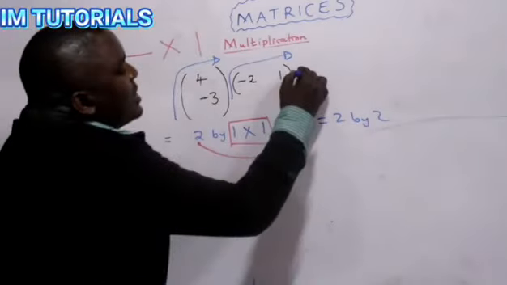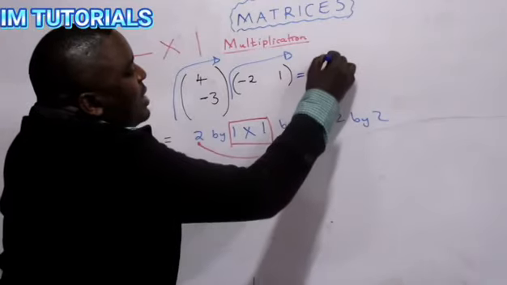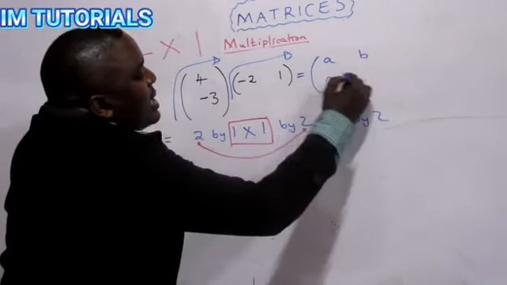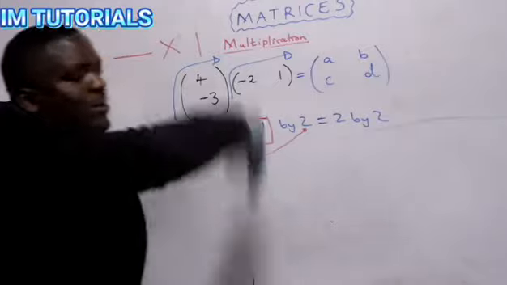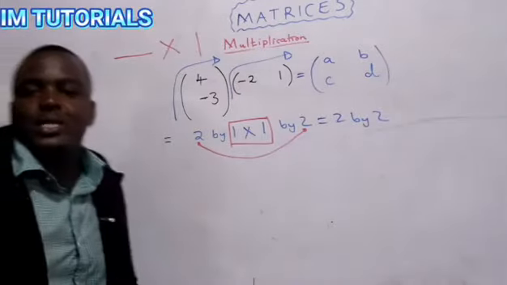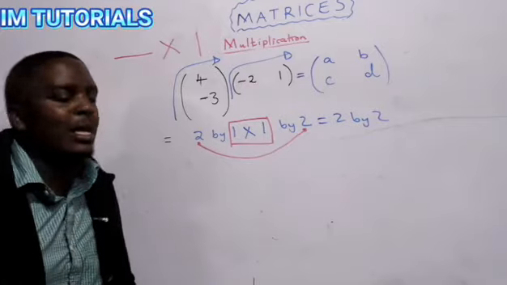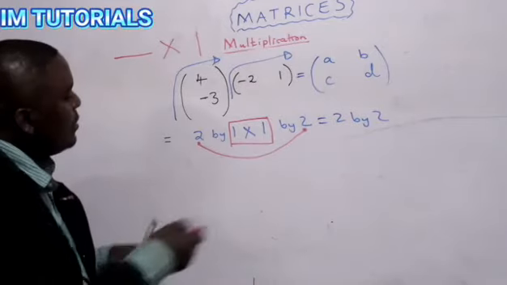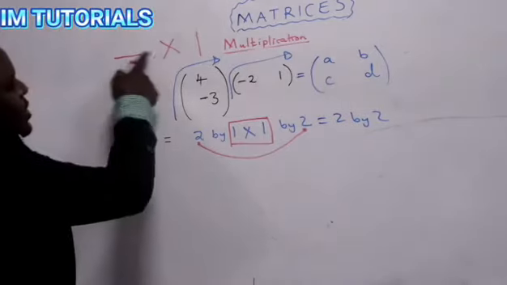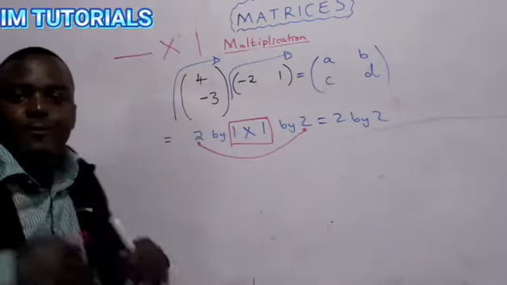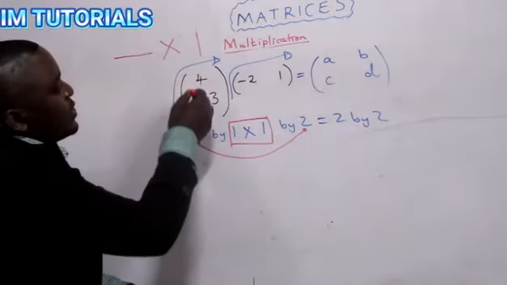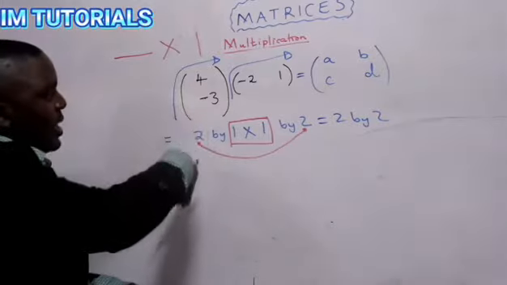So let us represent the 2 by 2 matrix by unknown letters. This is A, B, C, D, whereby we have 2 numbers upwards and 2 numbers rightward. I hope you are following each and every step, class. Right, so how do you multiply row times column? Rows are found in the first bracket. So do not treat 4 minus 3 as a column. Why?